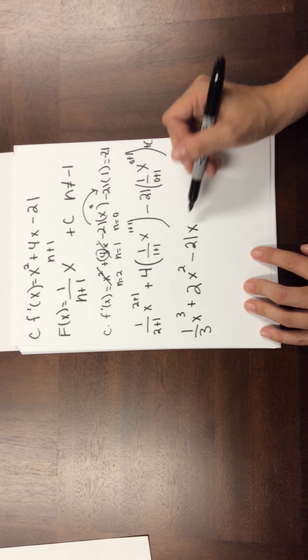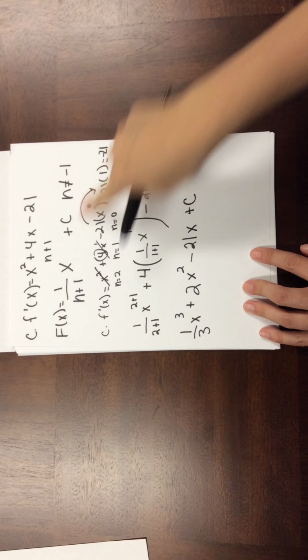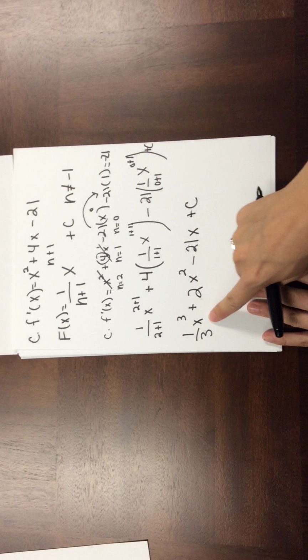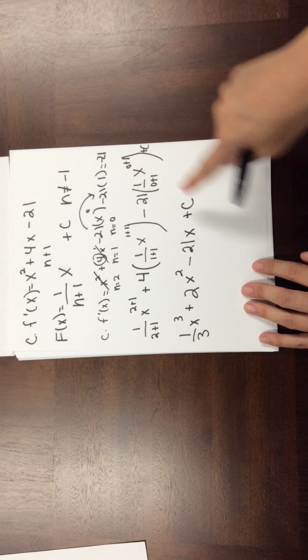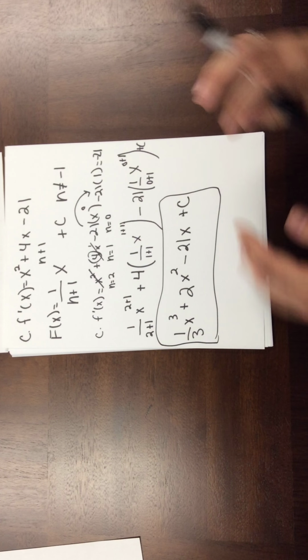And then we just have that plus c. So then our final answer for this is, our function x squared plus 4x minus 21 is 1/3 x cubed plus 2x squared minus 21x plus c. So that's how you find a few antiderivatives.